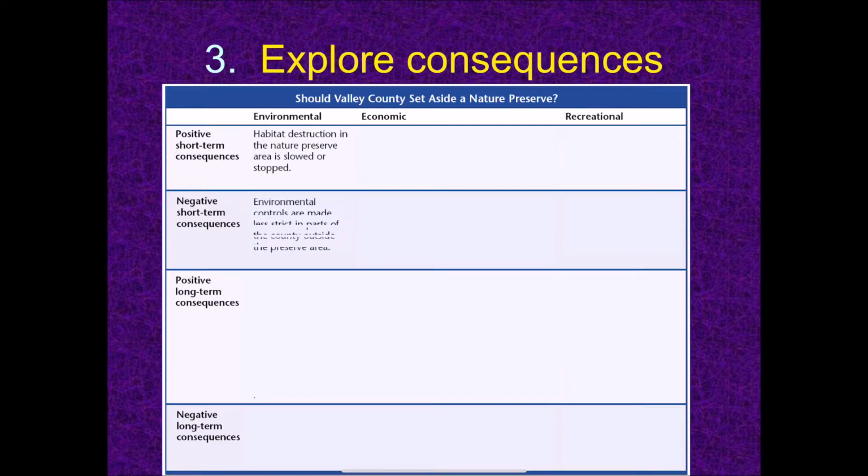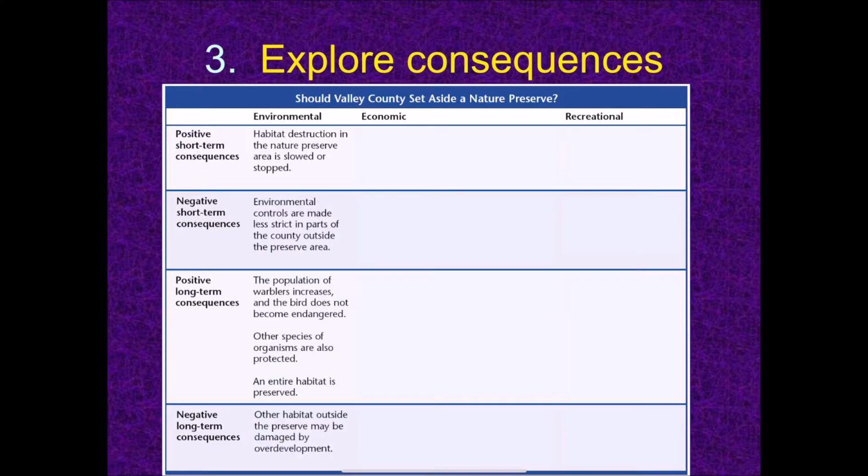So, in terms of environmental consequences, there's some negative and positive, right? You've got to stop the habitat destruction if this nature reserve is going to be in place, but it might lack some of the protection in some of the surrounding areas. So you might have one area that's protected, but other places might not.